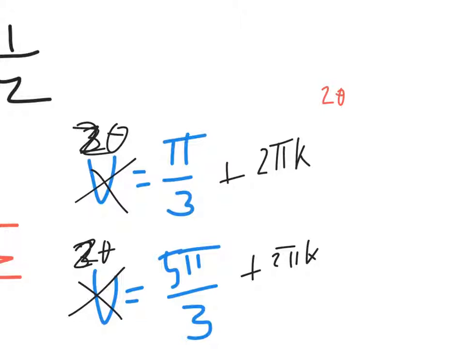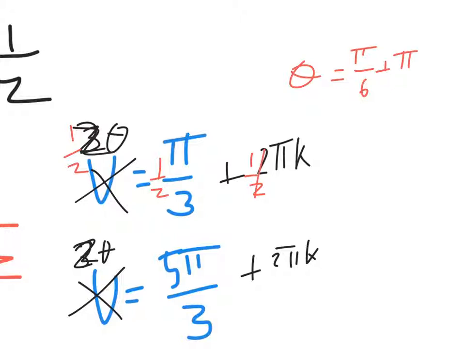Actually, I'm going to multiply everything first by 1/2. And now it is just theta. Pi over 6 plus the 2 and the 2 cancel. Oh, sweet. It's just pi k. That's really nice.